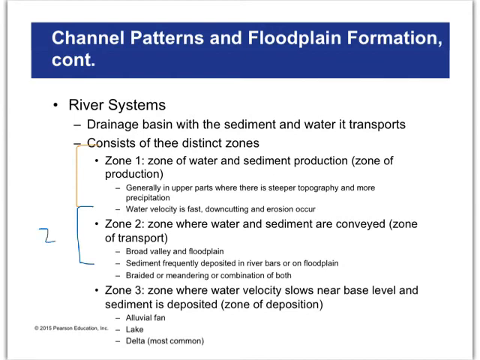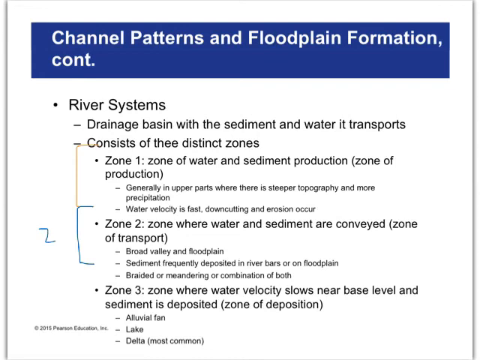This is our zone 2 right here. It's moved downhill. So a lot of times you can have sediment dropped off. Maybe other sediment is picked up along here. So there's sediment that is exchanged. But this is kind of like the transport zone right here, where it's moved from point A to point B.